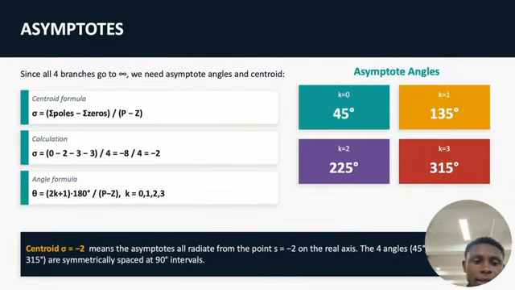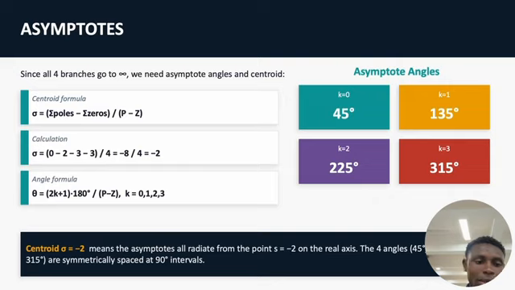Hello, my name is Gideon. I'll be continuing from where my colleague left off, and I'll be explaining asymptotes, that is, the direction to infinity. Since all branches go to infinity, we calculate their directions. We need the asymptotic angles and the centroid to determine how the system goes. The centroid is the sum of poles minus the sum of zeros divided by p minus z.